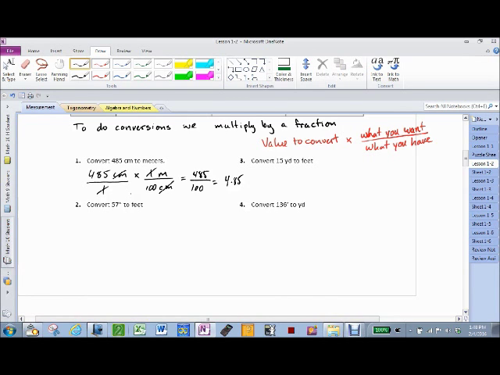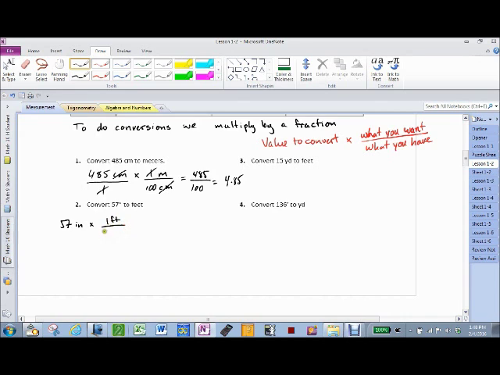It was weird. Okay, so first of all, what is this little thing? Because that's not a word. What does it mean? Inches. So I have 57 inches, and I want to convert it to feet. So what do I got to multiply by? I want feet, so what goes on top? 1 foot.